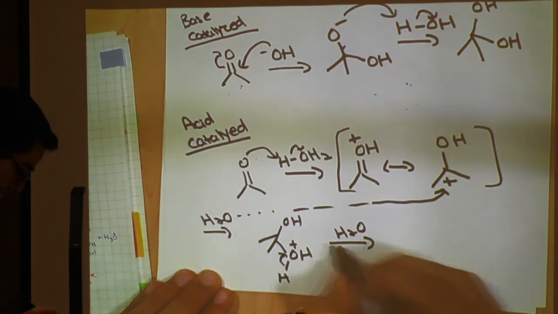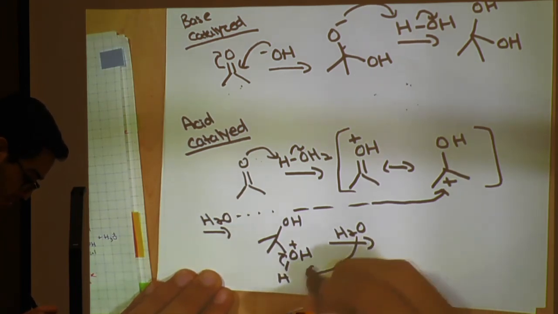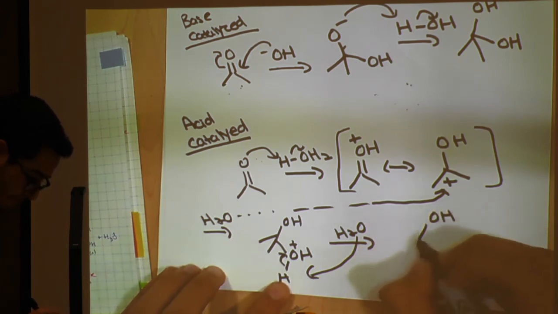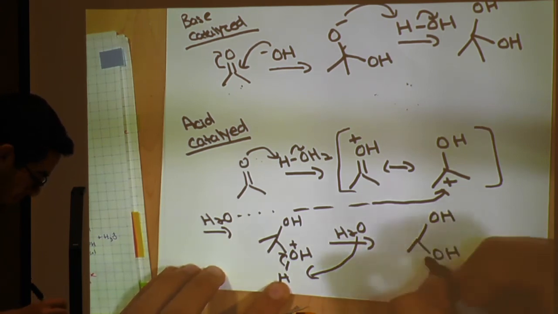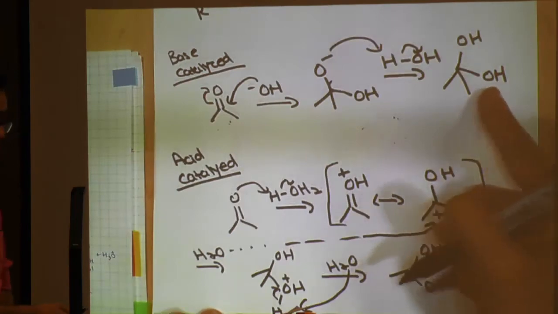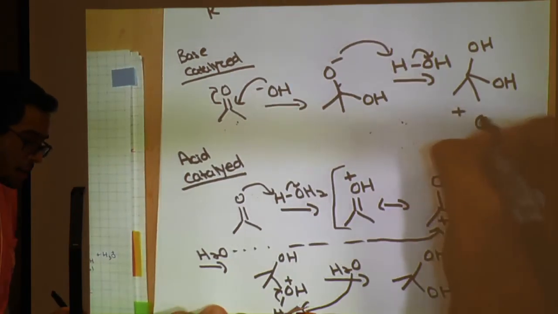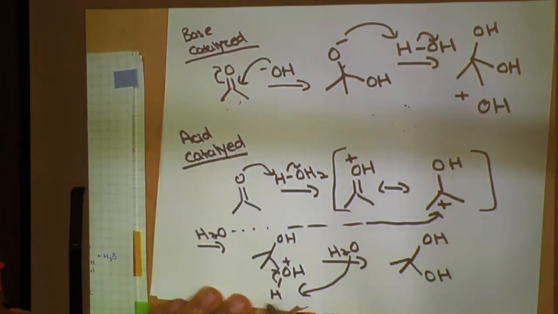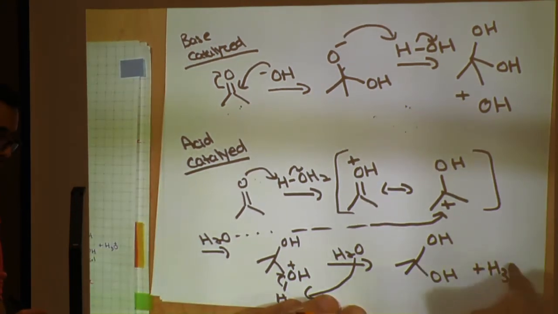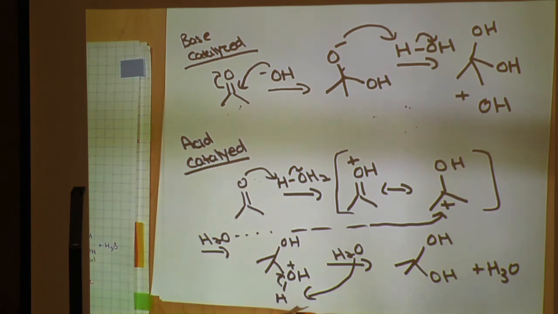And that transfers here, and this O transfers here, and we result with the Gem-Diol. And remember, for base catalyzed, when you do this, you're always going to end up with your Gem-Diol plus hydroxide. And once we steal the H and deprotonate with water, we end with H3O.